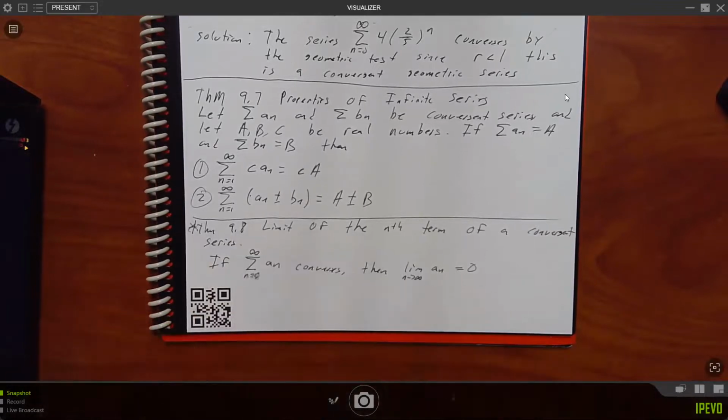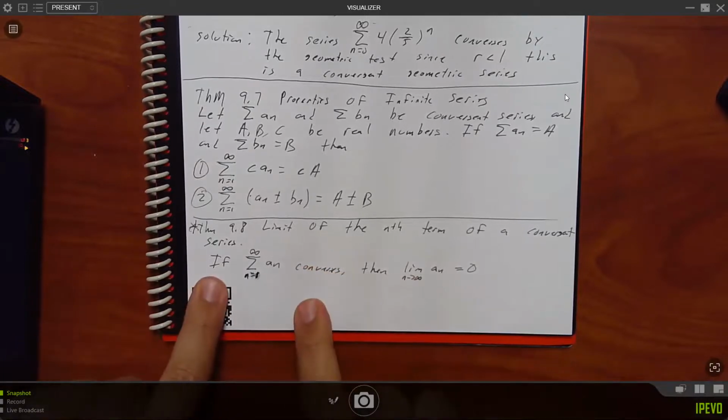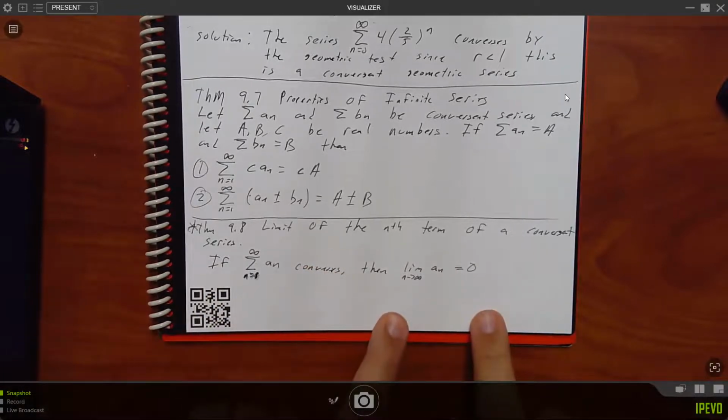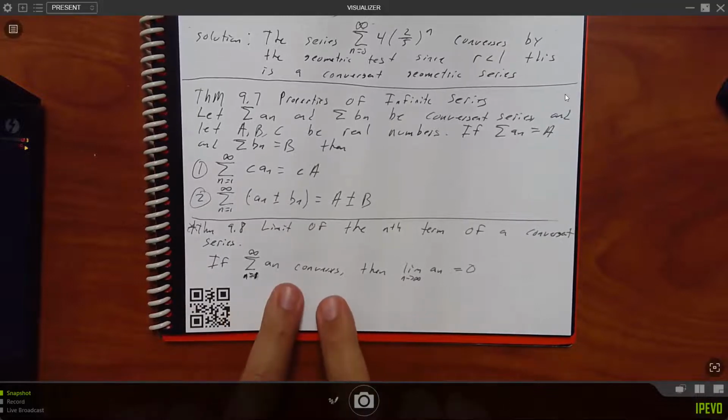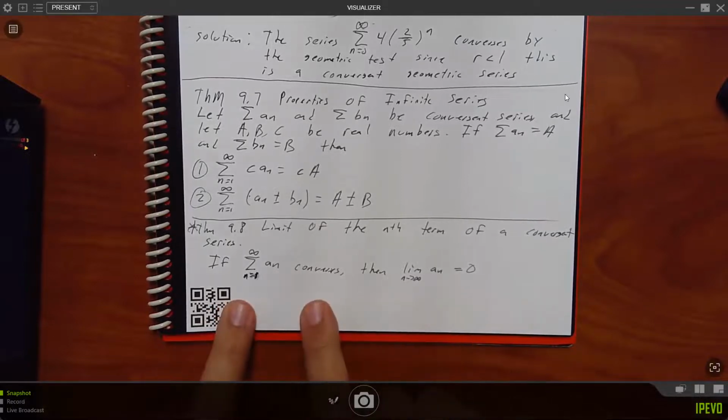Remember, you can't say the other direction. I don't know if you guys have studied logic or not, but this is an if-then statement, right? So if this is true, then this is true. I cannot say the other way around. See what I'm saying? Don't make that mistake.